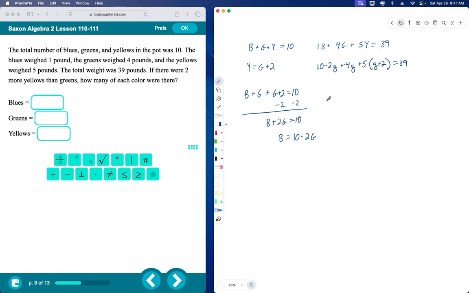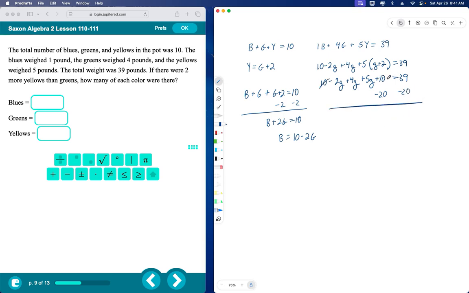Now we're set. All right, so 10 minus 2G plus 4G plus 5G plus 10 is equal to 39. 10 plus 10 is 20. I'm going to subtract 20 from both sides.